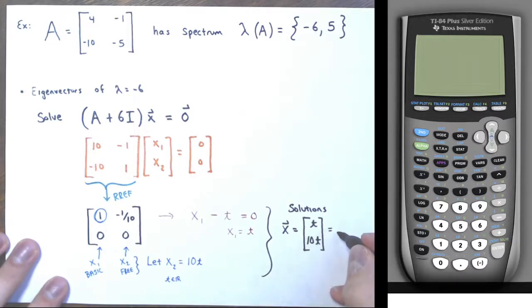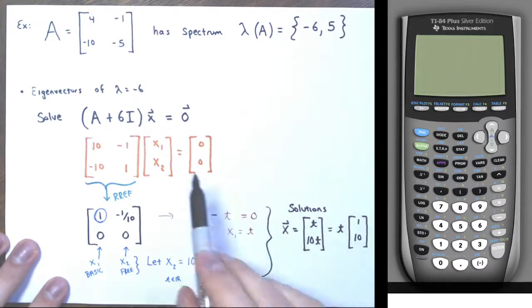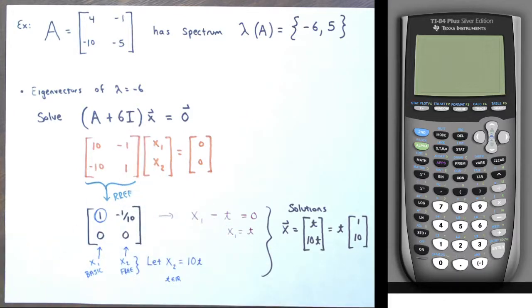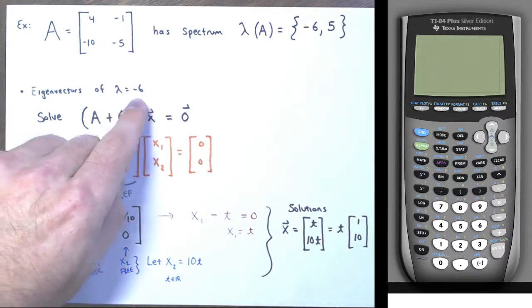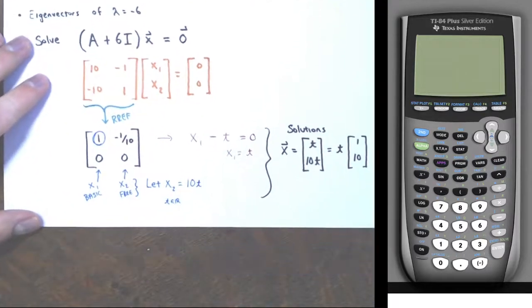And if you'd like, pull the t out, and you have the vector (1, 10). All multiples of vector (1, 10) are solutions of this equation. So what I have there, a description of all the solutions of the equation, that's the eigenspace of lambda equals -6, of that eigenvalue.